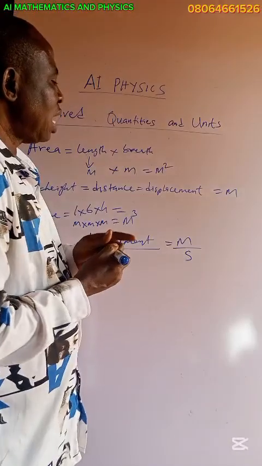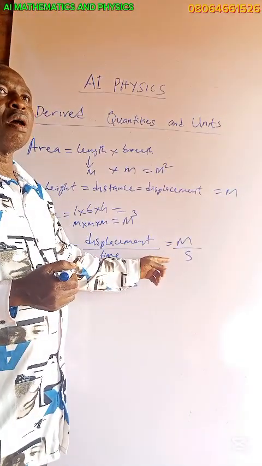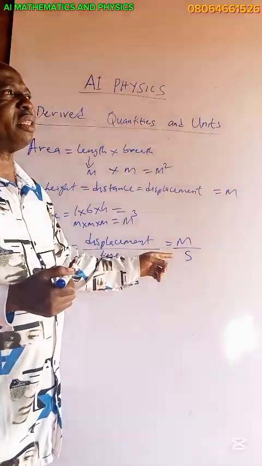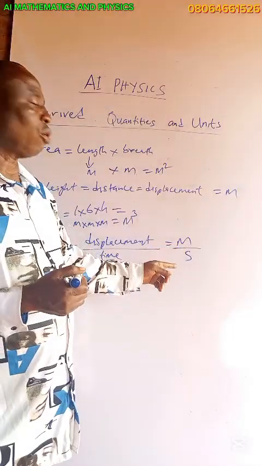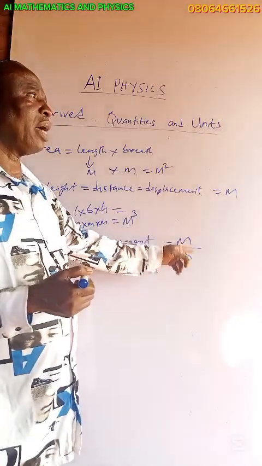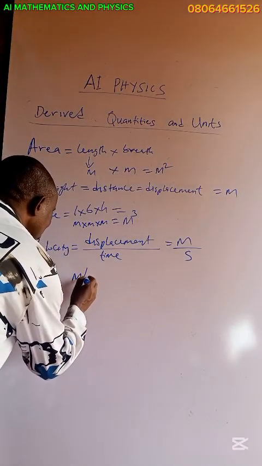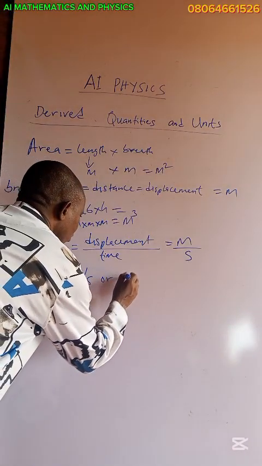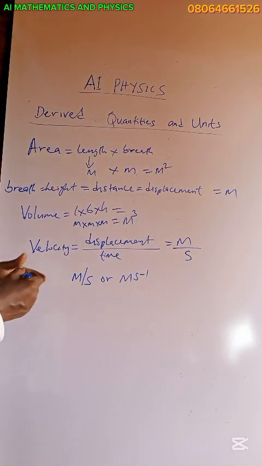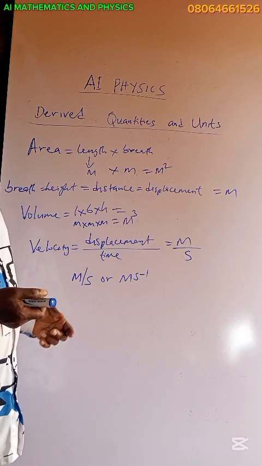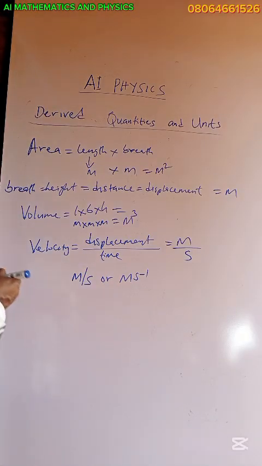That's meter over seconds. But in physics, they don't usually use meter over seconds. They use what? Meter per second, which means you write it like this, or like this in some textbooks. So meter per second, that's the unit of velocity.